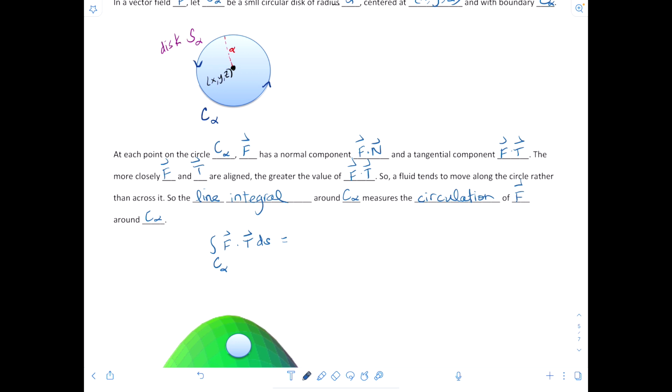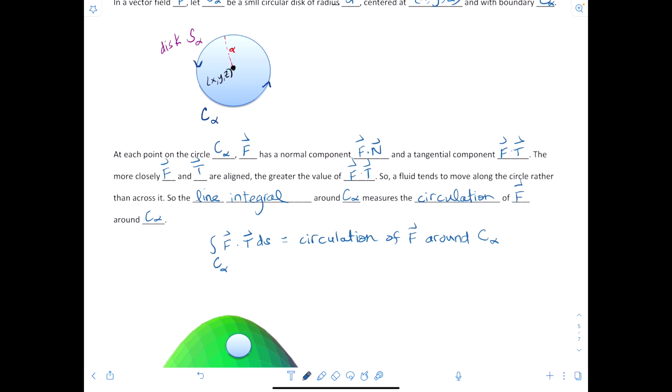That's going to give us the circulation of F around the boundary C alpha.